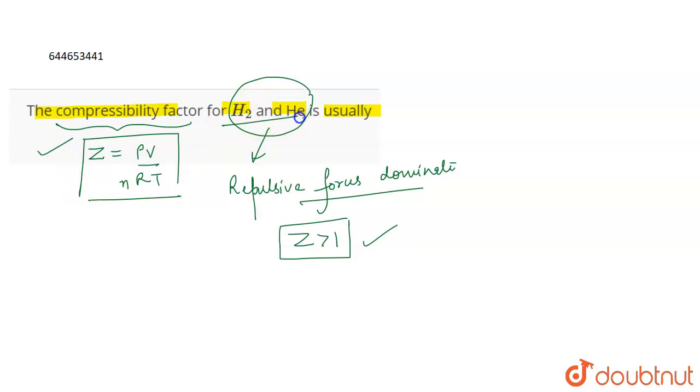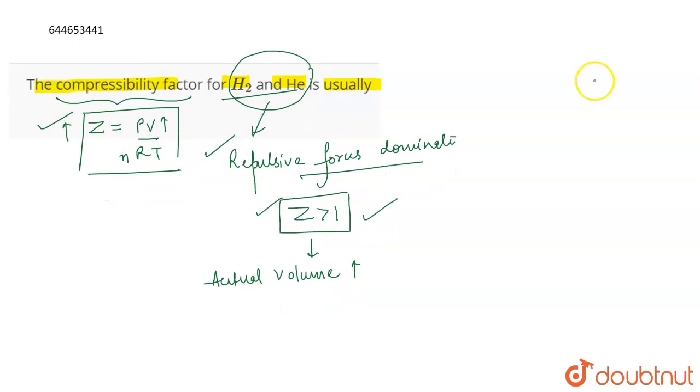So for H2 and helium, the repulsive forces dominate. Z is greater than 1 because the actual volume for these gases increases. When the volume increases, the compressibility factor is going to increase. That becomes greater than 1, and for H2 and helium, the compressibility factor is usually greater than 1.